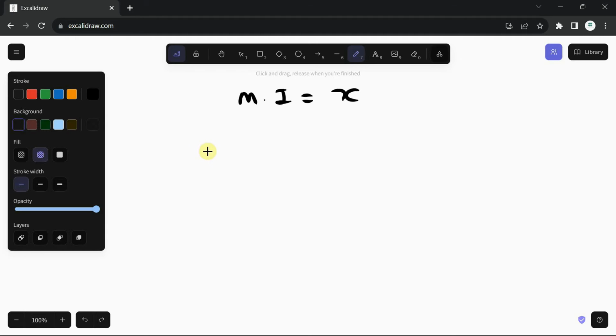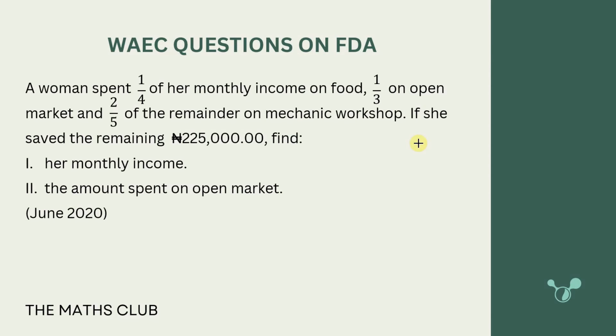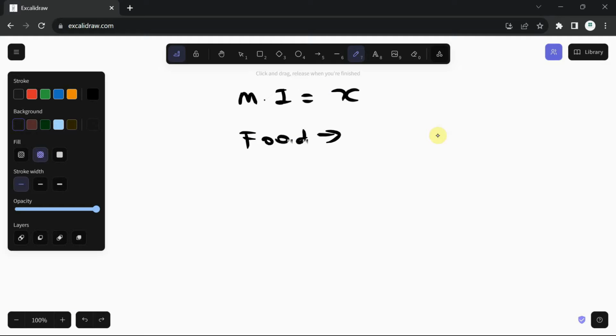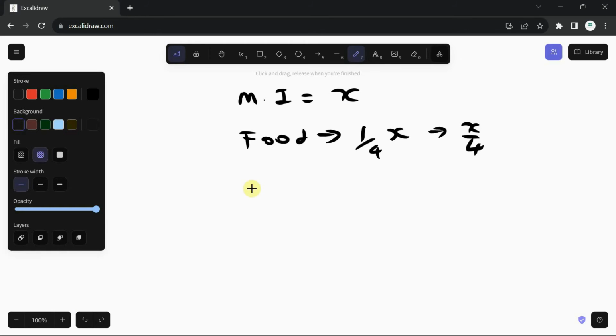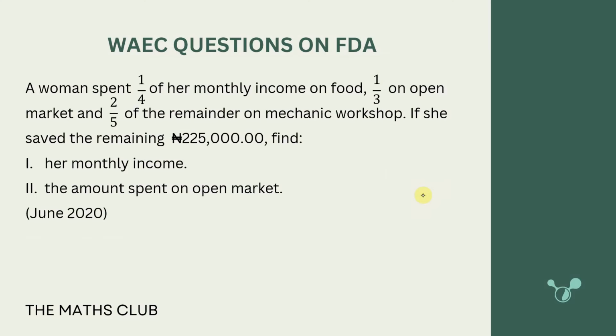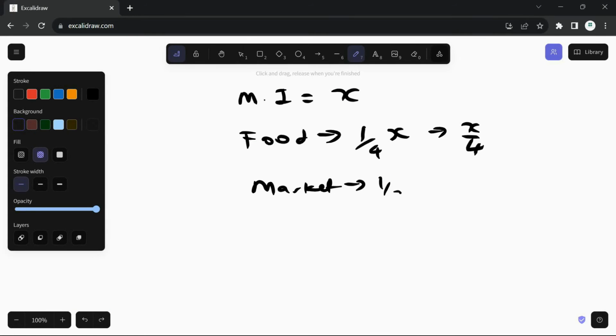So on food, she spent 1/4 of her monthly income. That would be 1/4 of x, which is x over 4. She spent 1/3 on the open market. So on the market, she spent 1/3 of x, which is x over 3.